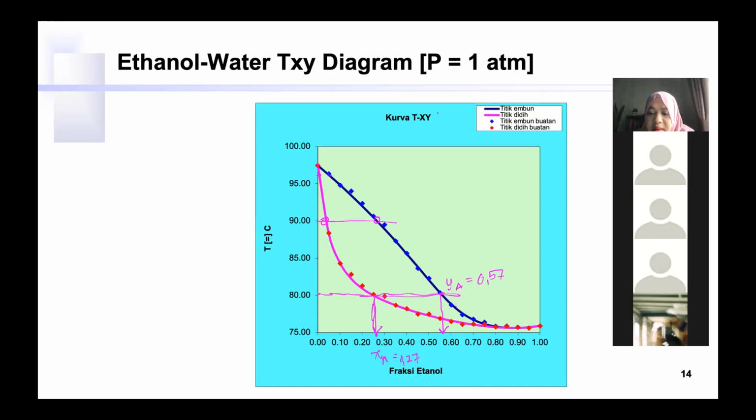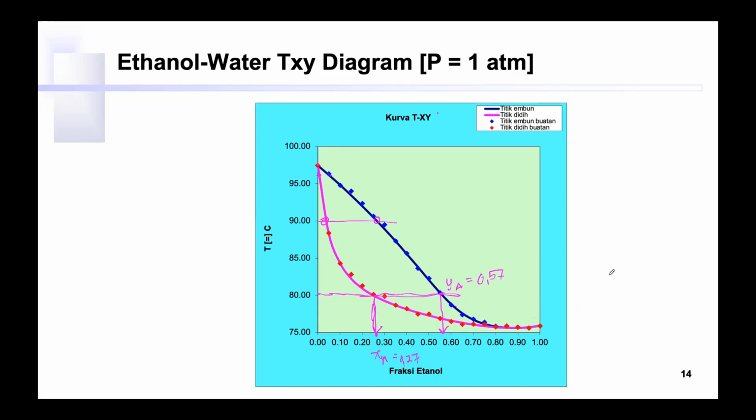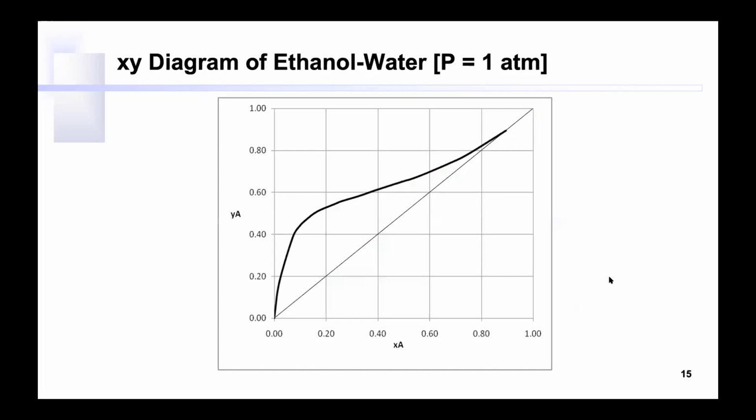Let me check. Okay, so here around after this 95, actually there's a little bit of azeotrope, so it's difficult to find. Okay, so when we plot it into the XY diagram, it's going to look like this.